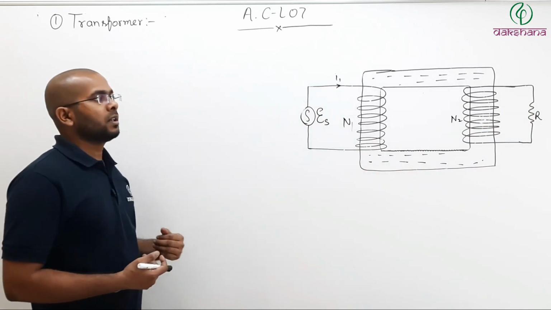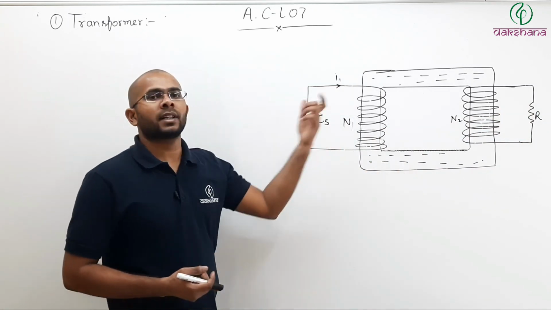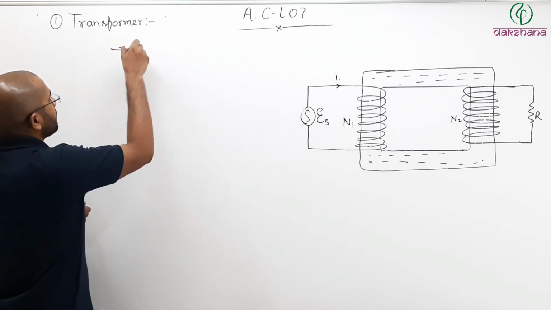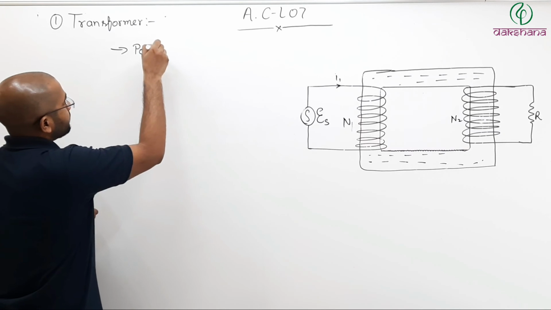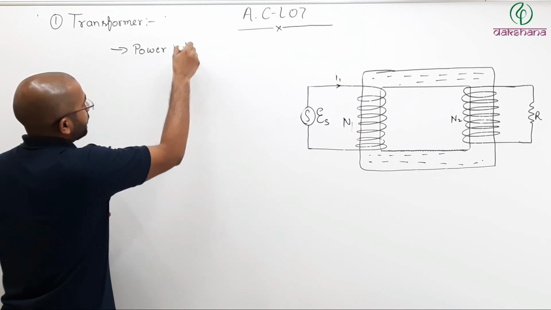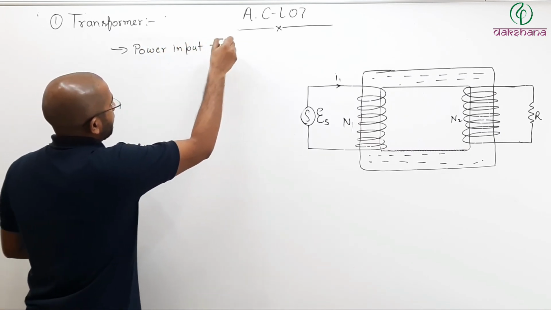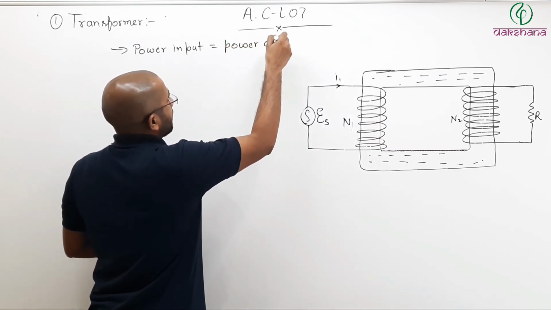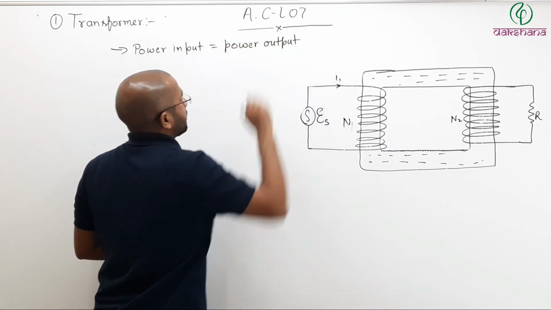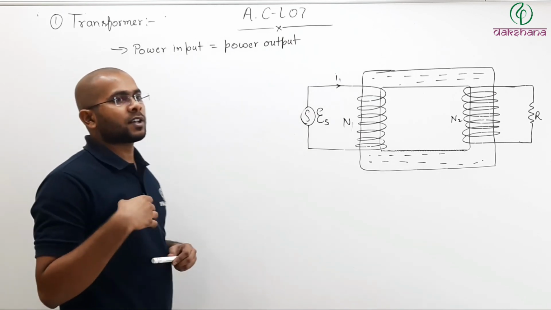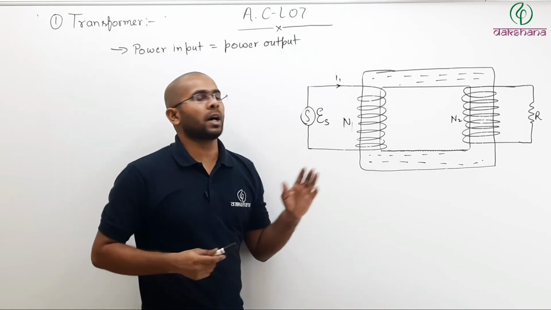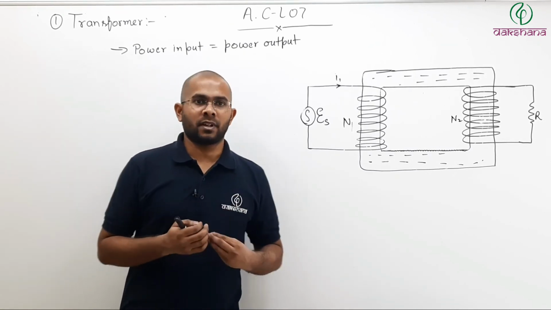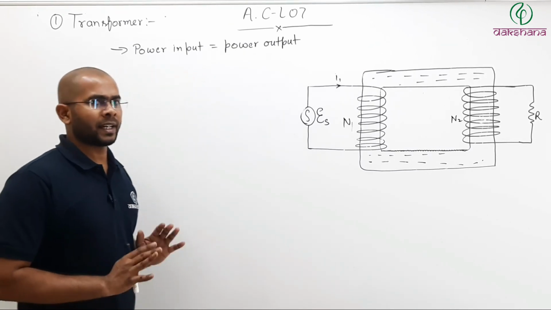Power is EMF times current, so power input equals power output. This is on the basis of the assumption that there is no power loss. In your syllabus, we will be talking about the ideal transformer.